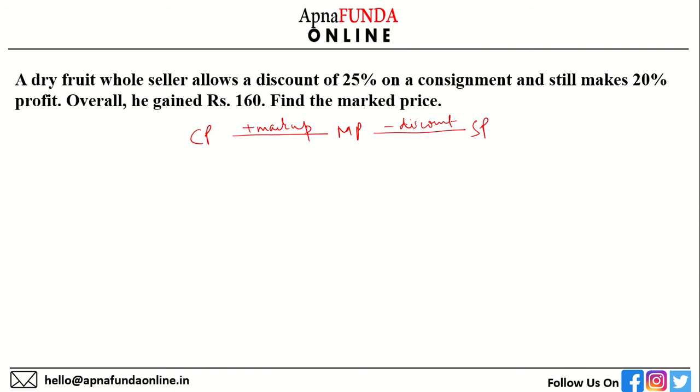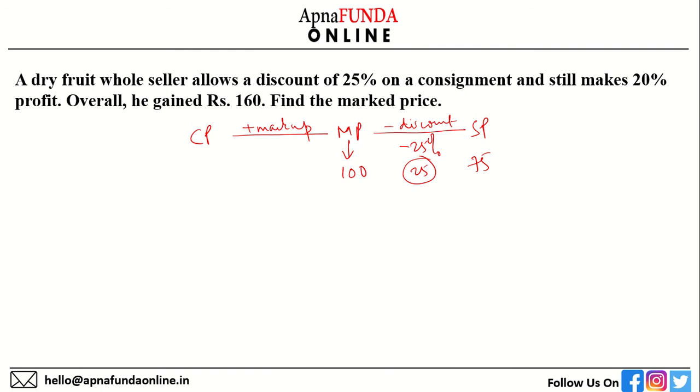So in this question, I will assume the mark price to be 100. There is a discount of 25%. That means my selling price becomes 75. I hope you agree. There is a discount 25%. That is 25 is the discount. So my selling price is 75.